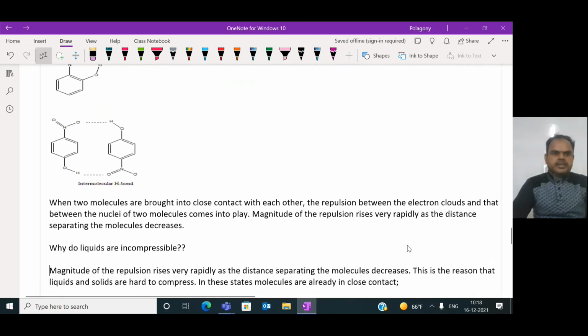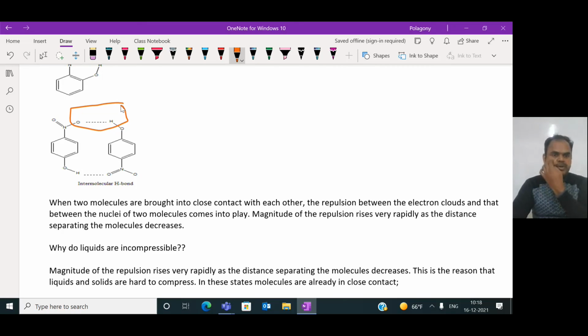And if you look at one more molecule, the OH group is at the fourth carbon and the NO2 group on the first carbon, and in another molecule also NO2 is below, OH is above, facing in opposite directions. Between this hydrogen and oxygen there is intermolecular hydrogen bonding.